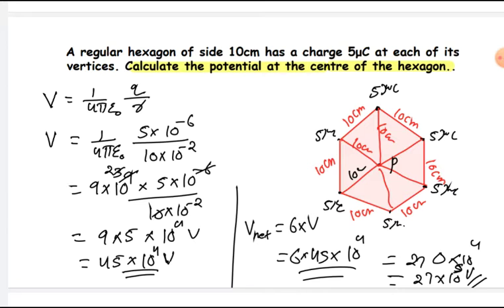On substituting the value, we get 45 into 10 raised to 4, and this value is multiplied by 6, and the final answer will be 27 into 10 raised to 5.